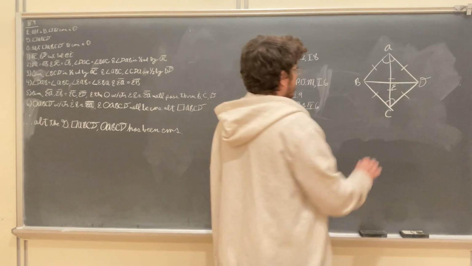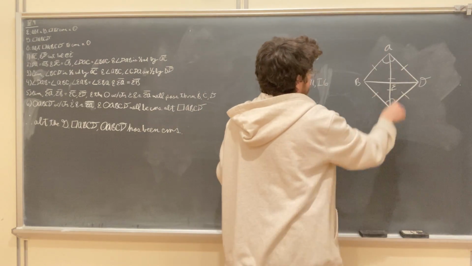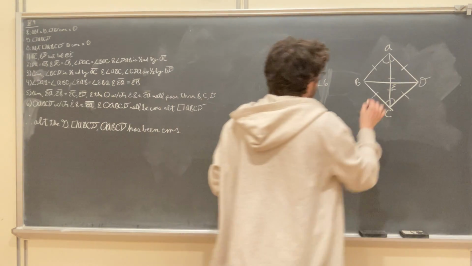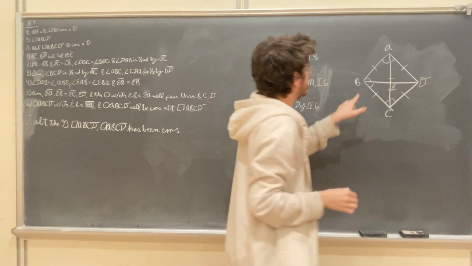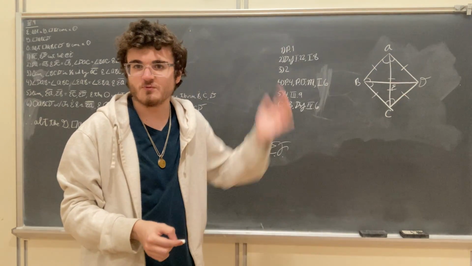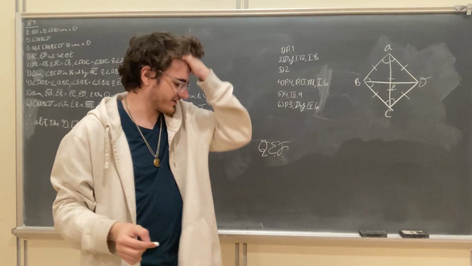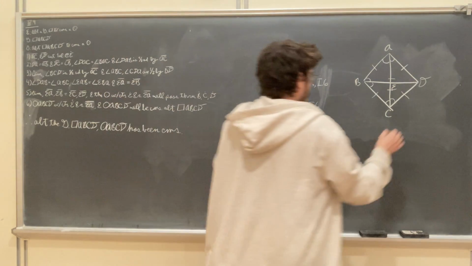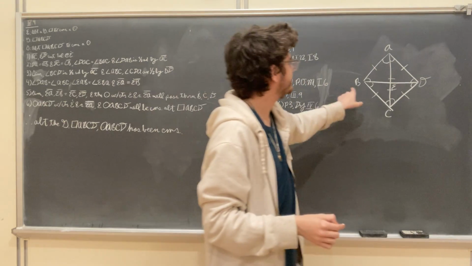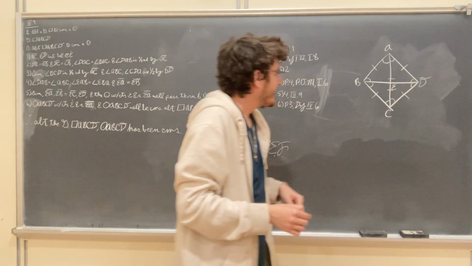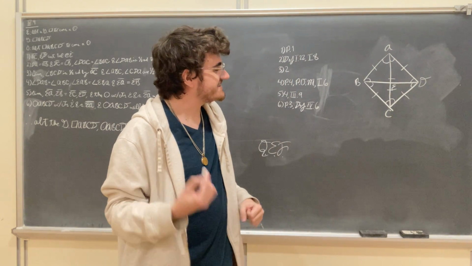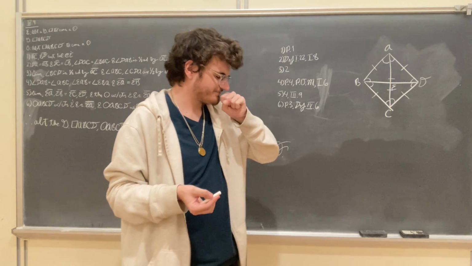But for the other angles, ABC and ADC, we can show that they are bisected by the straight line BD in a similar way, by showing that triangle BAD is congruent to triangle BCD by proposition 1.8. That's pretty easy. I'm not going to go through that. So we have that AC bisects both the angles BAD and BCD, and the straight line BD bisects both the angles ABC and ADC.